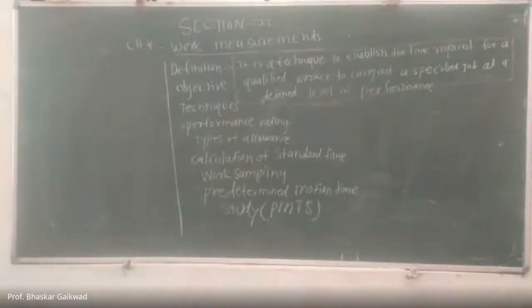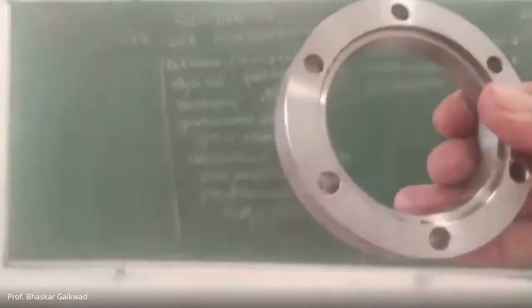So if we replace the present worker with some other worker, then that worker should also manufacture these jobs within 20 minutes. If he does not manufacture these jobs within that 20 minutes, it means there is some problem and we need to give training. If it is still not possible for the man to complete these jobs within 20 minutes, then we can search for some other person.